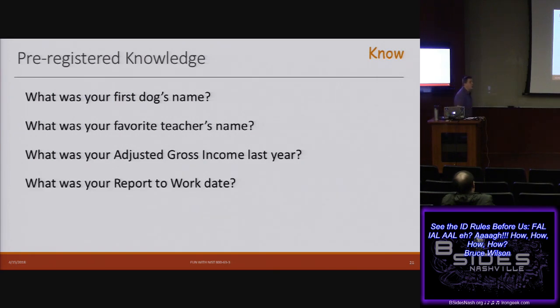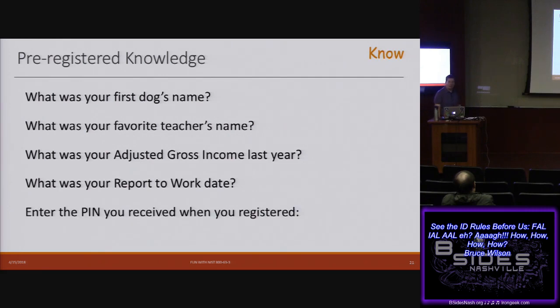My employer, when they're needing to do some authentication on the phone, might ask somebody, what was your report to work date? Now, it can be discovered, but that's, again, something that should be relatively private. Because I work for the federal government, and I happen to have a security clearance, OPM.